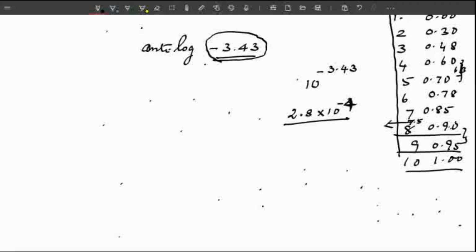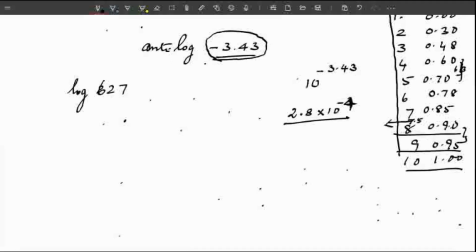Here, you might have studied about this logarithm. When you find the logarithm for a number, for example, log of 627, you may say that it is 2 point something, that is 2.79 something. Here, the first digit present we call the characteristic. You call this the characteristic of the number.